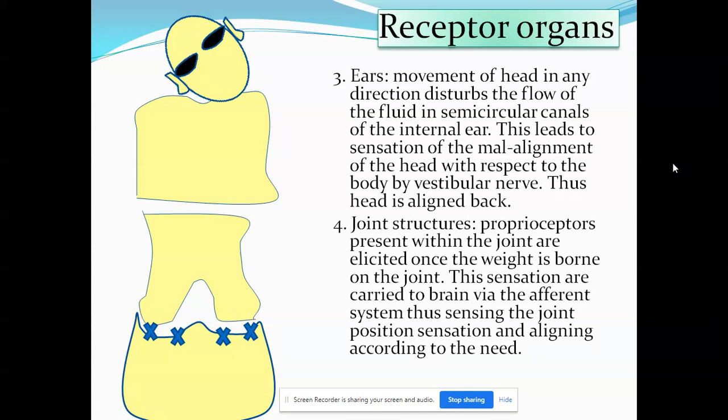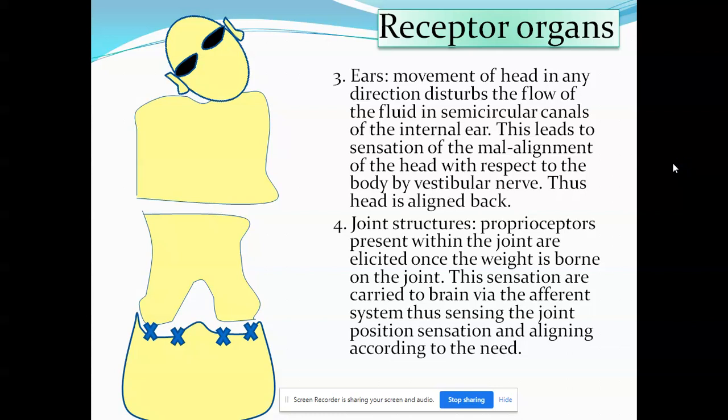So, when there is load within the joint surface, that is, when you are in the loading position of the joint, the proprioceptors sense this mechanical load and pass on the signal to the brain. These proprioceptors tell the brain what the position of the joint is during the loading time. Whether my knee joint is in flexion during loading or my knee joint is in extension during loading.